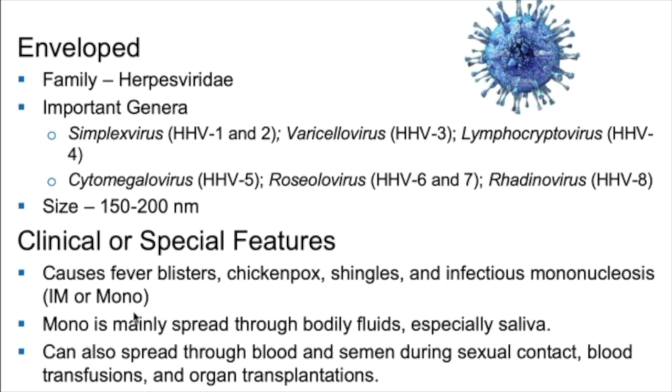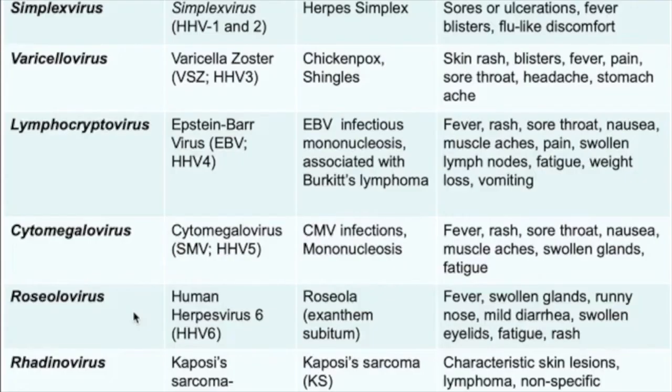You have examples of diseases known as infectious mononucleosis, or IM or mono, which is spread through body fluids like saliva, and it can also be spread sexually. I have some more examples and the diseases that they cause here in terms of the Herpesviridae. You have the simplex virus, which causes herpes simplex.